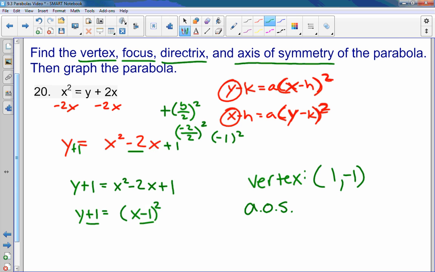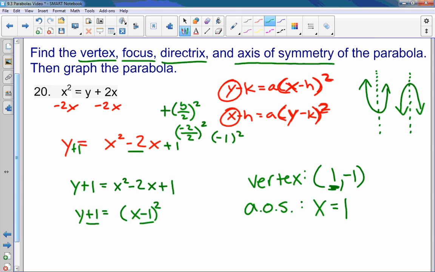And if you remember, if it's a parabola that opens up or down, the axis of symmetry has to cut it in half, so it has to be a vertical line that cuts it in half. And vertical lines are always in the form of x equals. Well, what do you think that x value should be? The same one as in the vertex. So x is equal to 1.